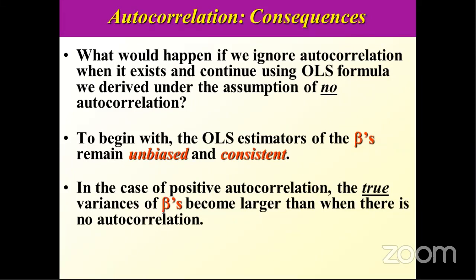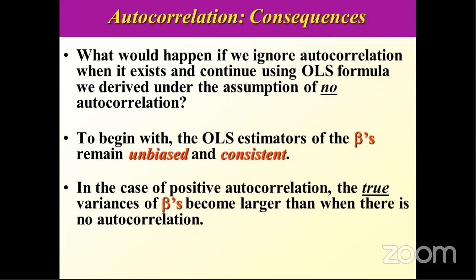Though there is a presence of autocorrelation, our OLS estimators remain unbiased and consistent. I hope you already noted the BLUE properties of the OLS estimators, the Gauss-Markov theorem. That is the unbiasedness property, then minimum variance, then the consistency property, and also the mean square error is minimum, and so on.